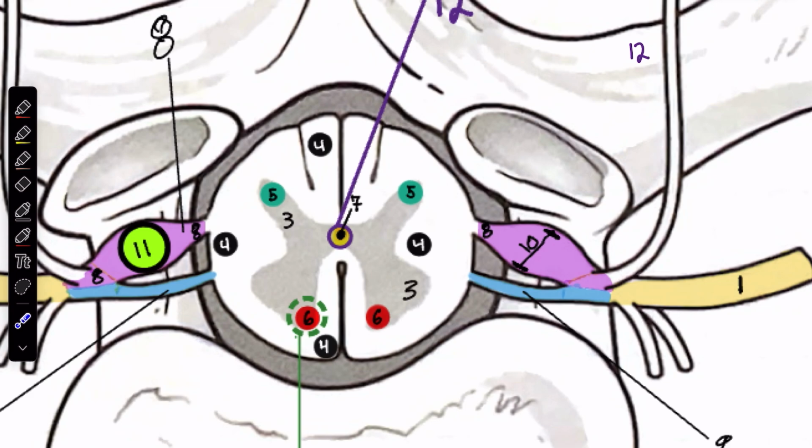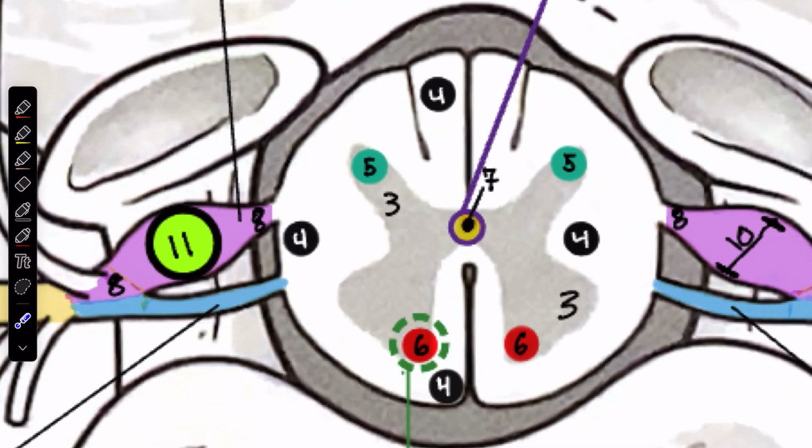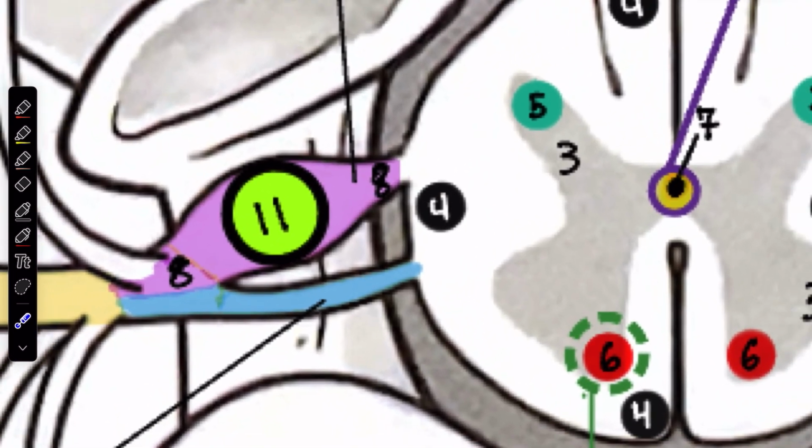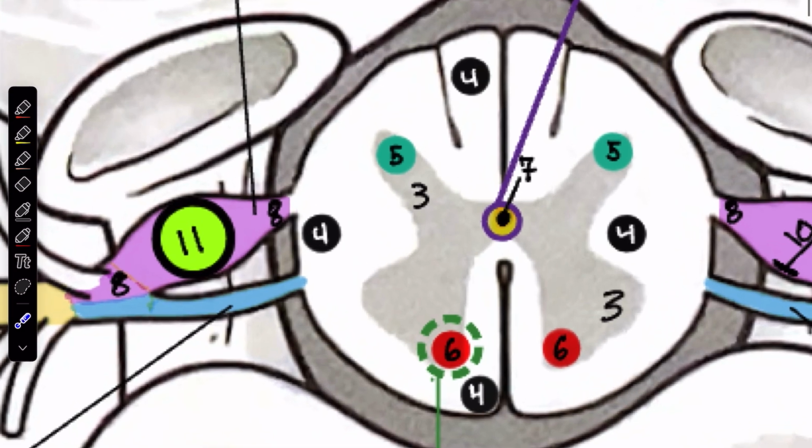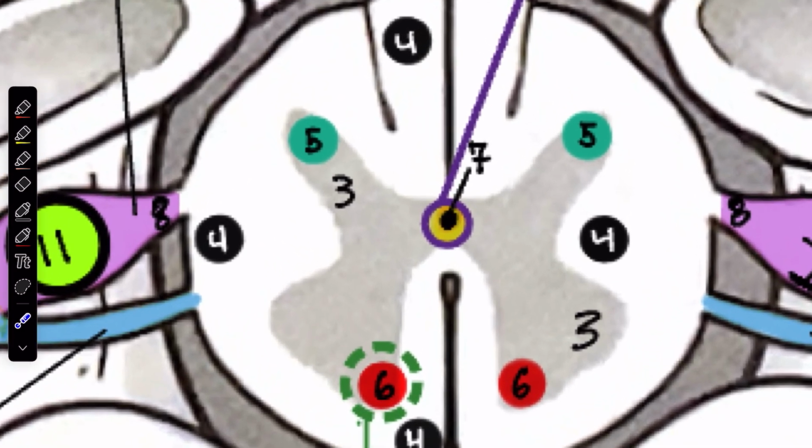Number 10 is that dorsal root ganglion. So this big round thing that we see, that is the ganglion. Whereas number 11, it's going to be the cell body of that sensory neuron. So there it is. That's a whole cell body. Number 12 is our gray commissure.